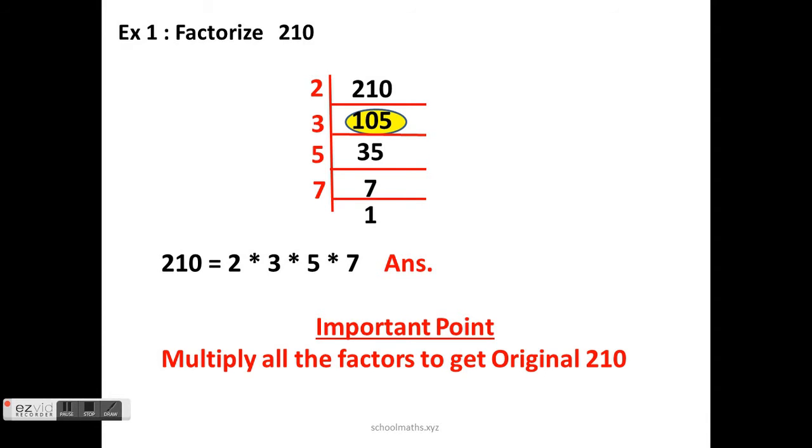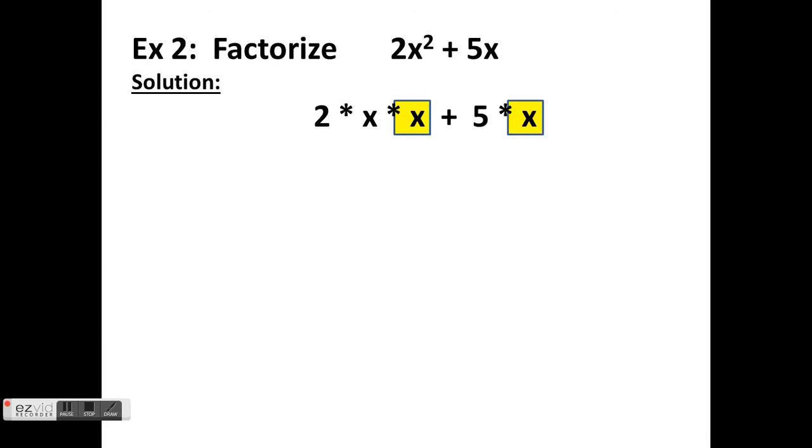Now we will go for a polynomial. Here we will split 2x square, or we will break it, and similarly 5x also. See how we are breaking: 2 into x into x plus 5 into x. Now in both the terms, x is common.